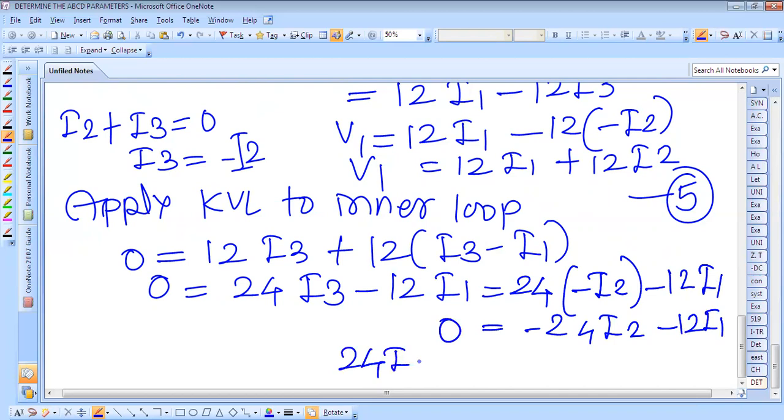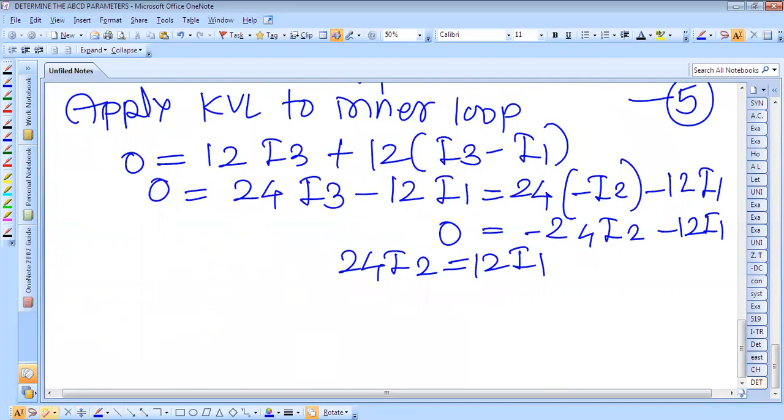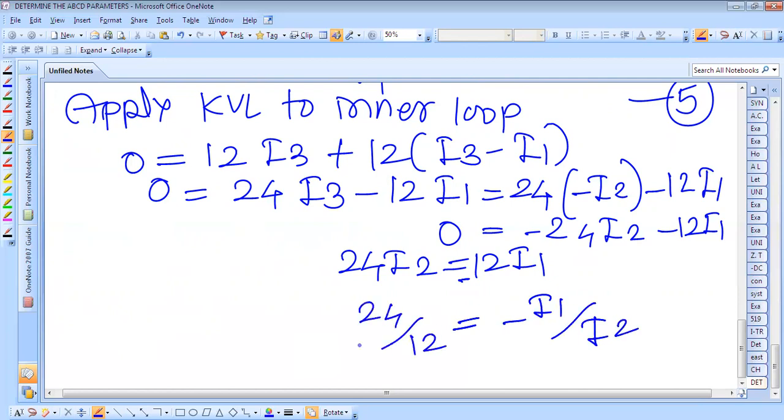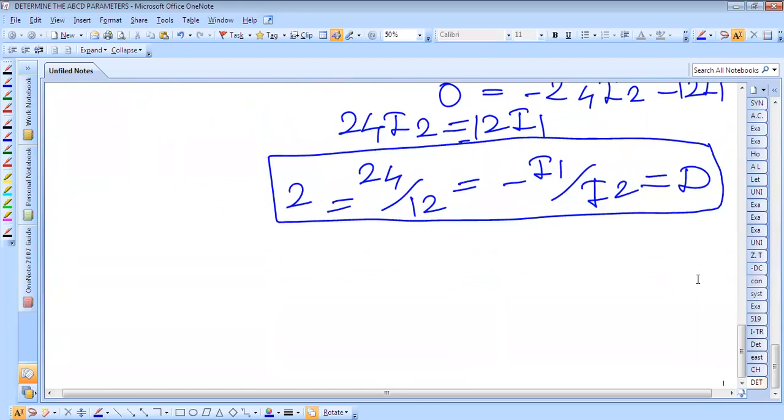Therefore, 24 I2 is equal to minus 12 I1, and therefore minus I1 by I2 is equal to 2, and this is which parameter? This is D parameter. This is equation number 6.